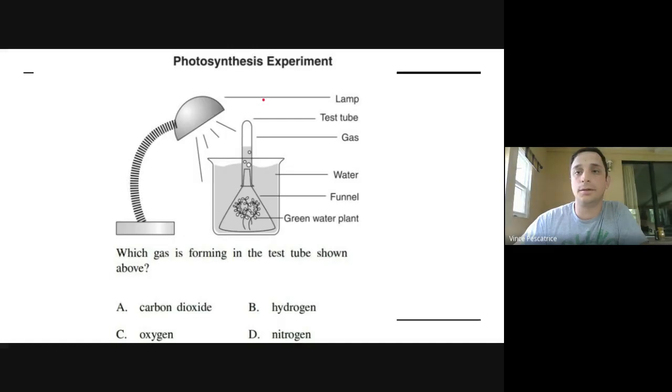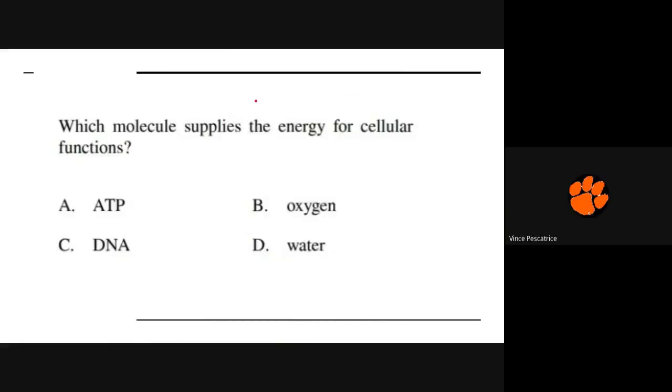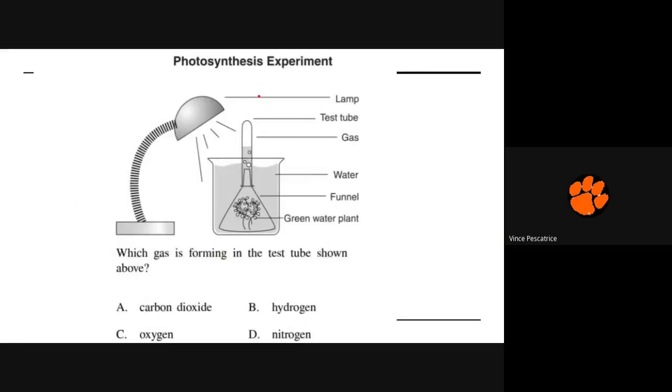Photosynthesis. All right. So in this we have gas forming in a tube. So you can actually do this. If you take a plant and stick it in some water and just make sure it stays underwater, you can see this happening. You can do this today. If you take a plant and stick it in a pop bottle and make sure the plant is way down at the bottom and you stick it in your windowsill, come back in a couple hours after it's received some sunlight and you will see this happening.